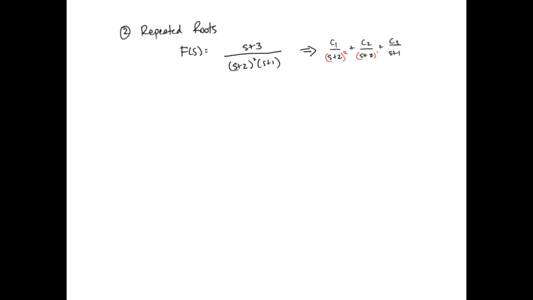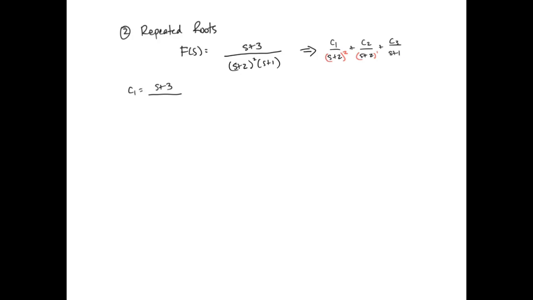Now from here, there are different ways of solving it. For C1 and C3, we can use exactly the same method as before. So C1 would be equal to s plus 3 divided by, and this is very important, you make sure that you're using this denominator and then removing the term under the coefficient that you're looking for. Don't use these three combined.